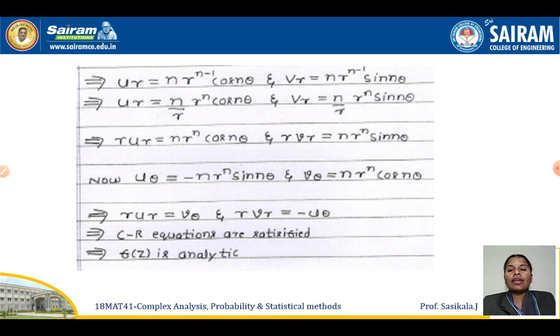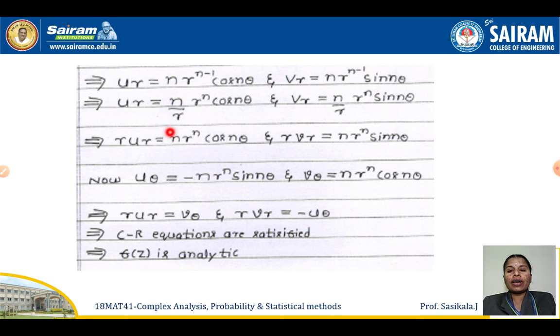So find here u r, v r, u theta, v theta. So what is it with respect to r? r power n, so n into r power n minus 1 should come. Okay. And similarly, you can verify the CR equation. So it has been verified for your CR equation. Then you can tell your f of z is an analytic function. Okay. So you see u r will be n into r power n minus 1 cos theta. v r will be n into r power n minus 1 into sin theta.